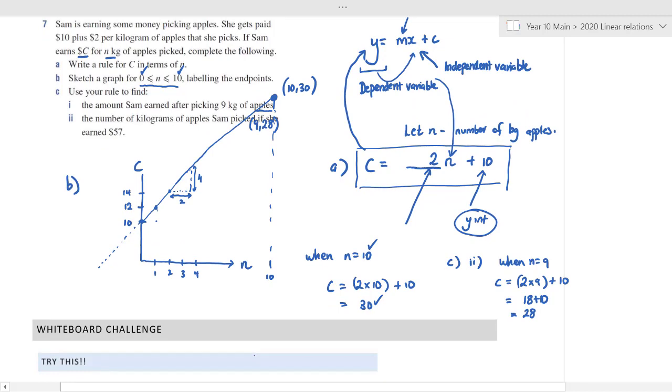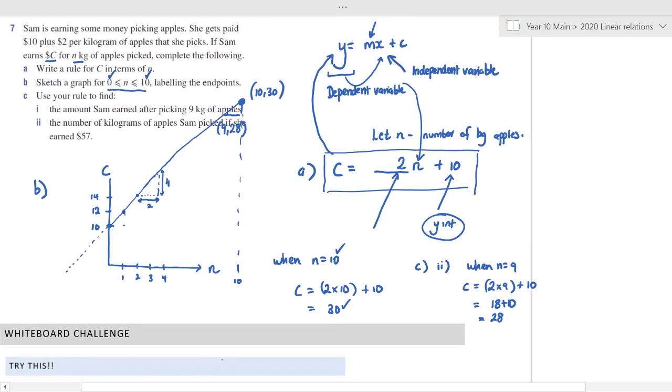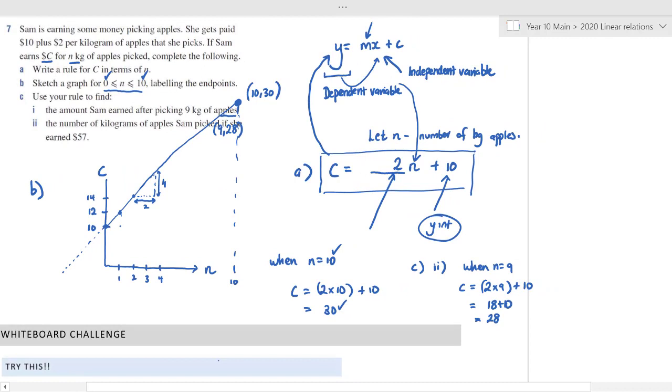And likewise, we could find the number of kilograms Sam picked if she earned $57. Well, we could then say that when c is equal to 57, then we need to find what n is. And that's what we've been doing. We've been solving linear equations before this. So if I have 57, let's substitute that in.